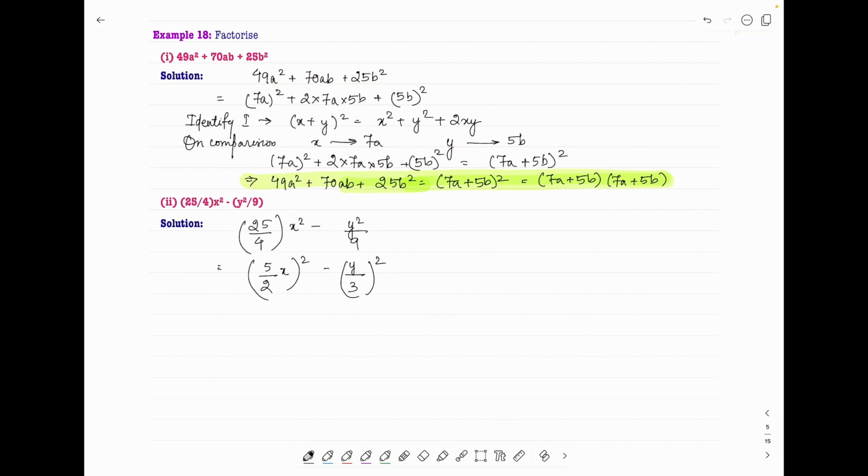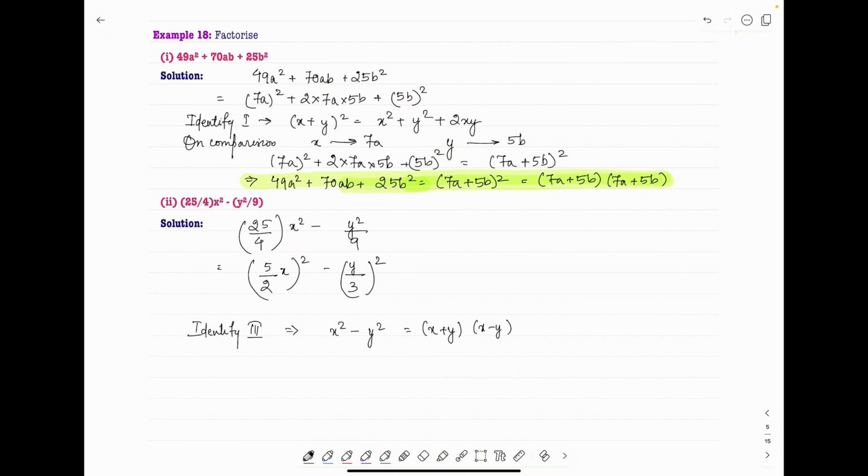This I have taught you in law of exponents of number system. You can watch the video of that. Okay, so from identity 3, what does it say? It says x square minus y square equals x plus y into x minus y.